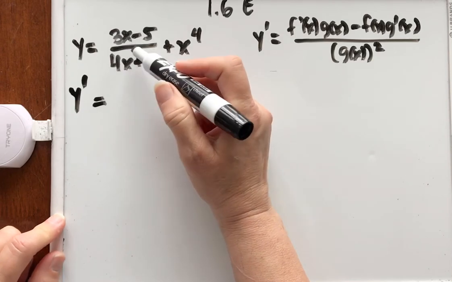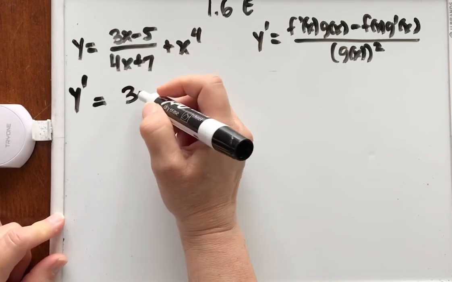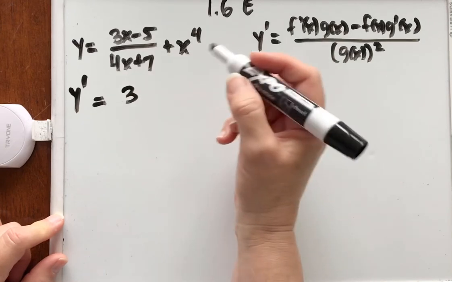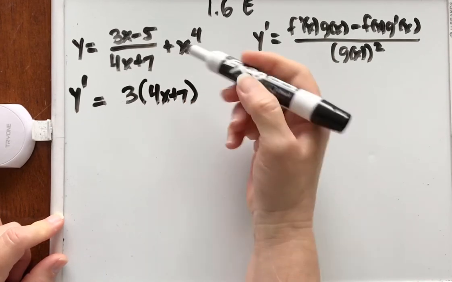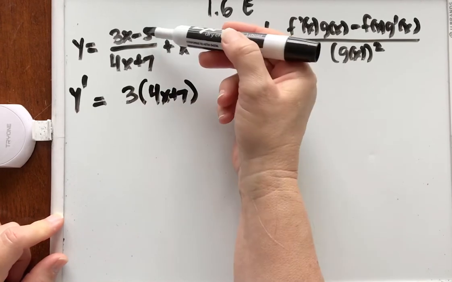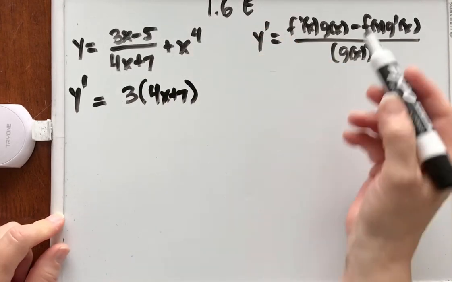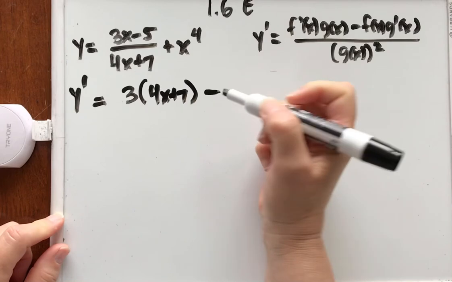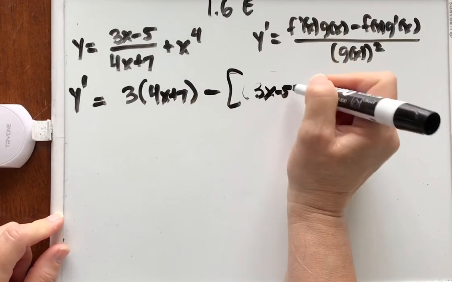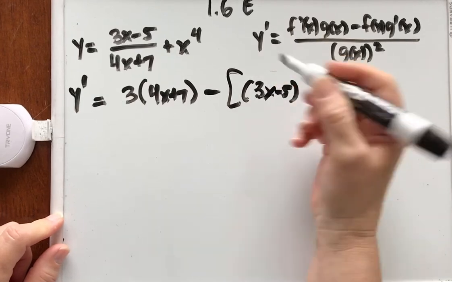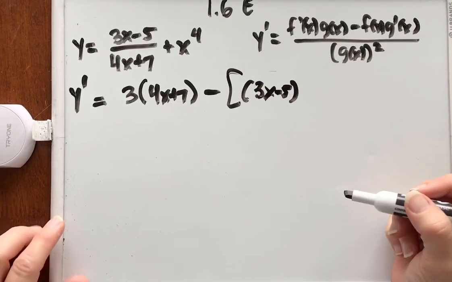So f prime of x is our first thing, which is 3, times g of x, 4x plus 7. That is g of x. The derivative of this is just 3. Then we use our minus sign, f of x, which is 3x minus 5. Again, I use the bracket because of that negative sign.